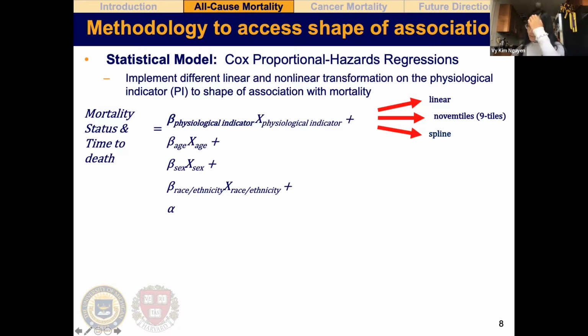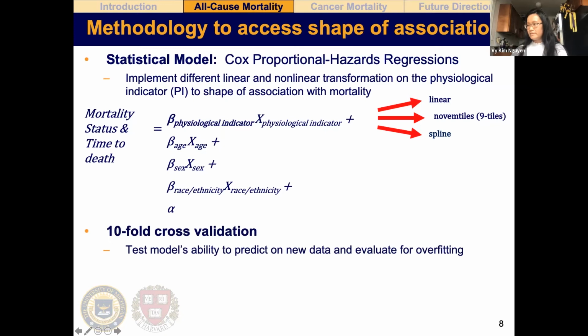And then the spline model is a more flexible nonlinear model. You can think of it as some sort of weighted sum of cubic polynomials, which allows more flexibility in looking at the shape of the association.